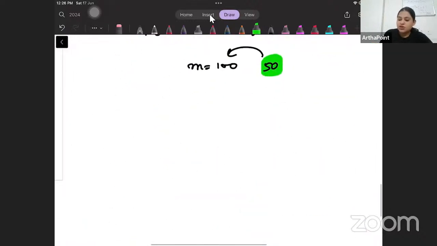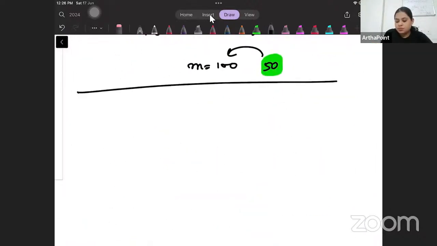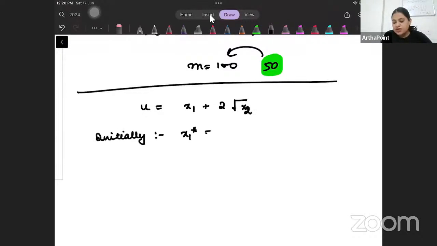Utility function given is x1 plus 2 root x2. Initially, x1 star is 10, x2 star is also 10. This is given to me.